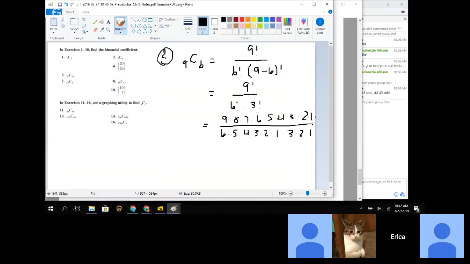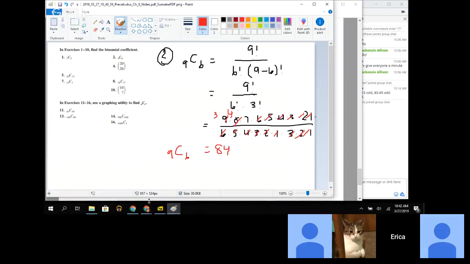So now you get to cross off 6, 5, 4, 3, 2, 1. 3 goes into 9 3 times. 2 goes into 8 4 times. And 1 just kind of there. So we've got 3 times 4, which is 12. 12 times 7 is 84, right? So 9 choose 6 is 84.